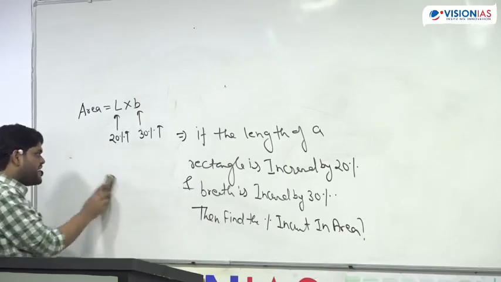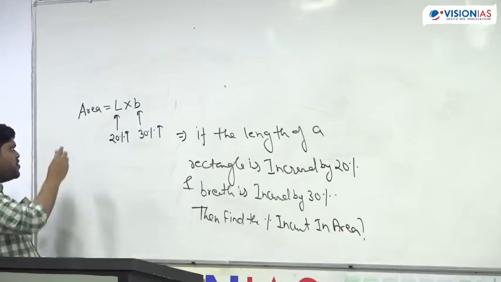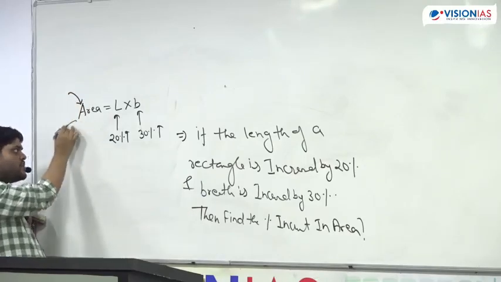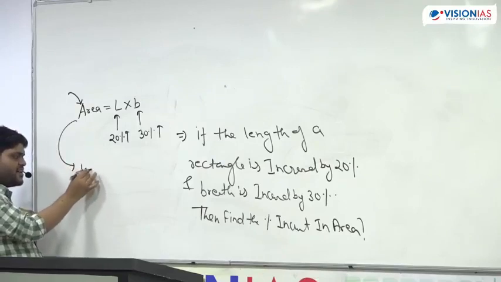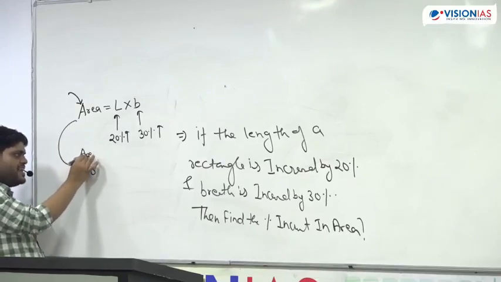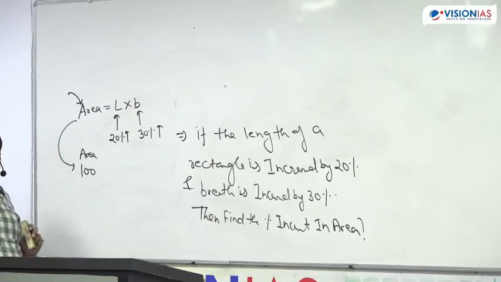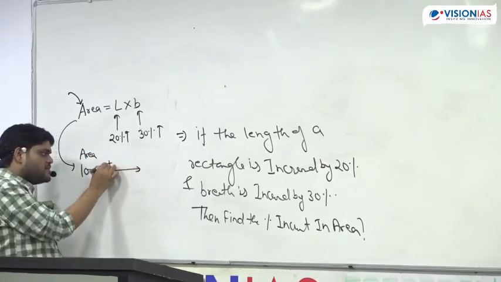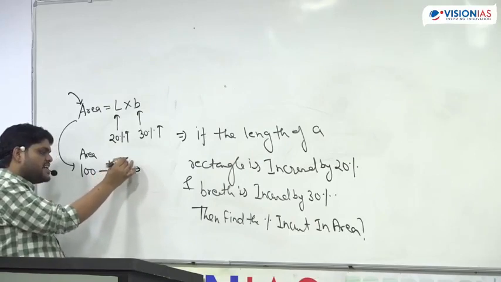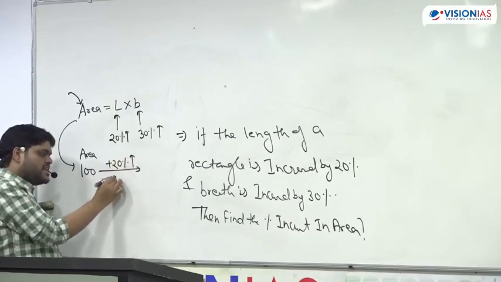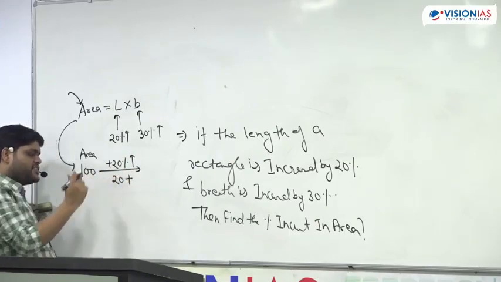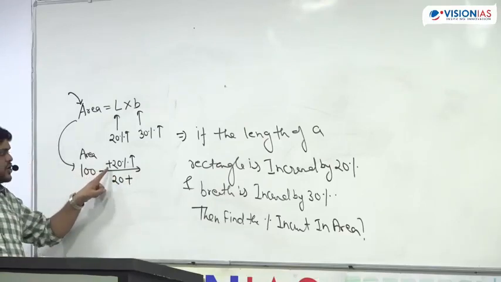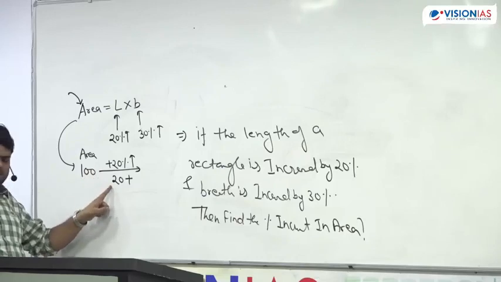Now the second way. We know that the increment is in the area, so we can take the initial area as 100. Now there is an increment of 20%. Increment means addition. How much addition? 20% of 100 is 20.